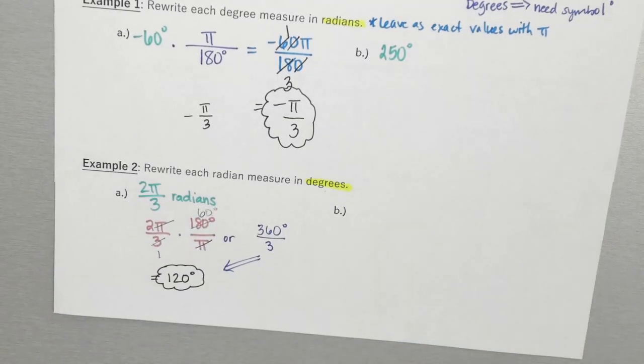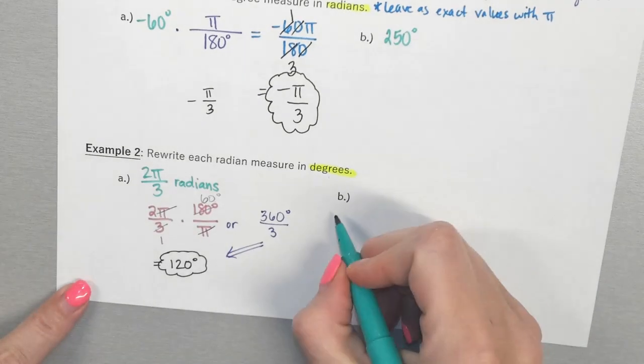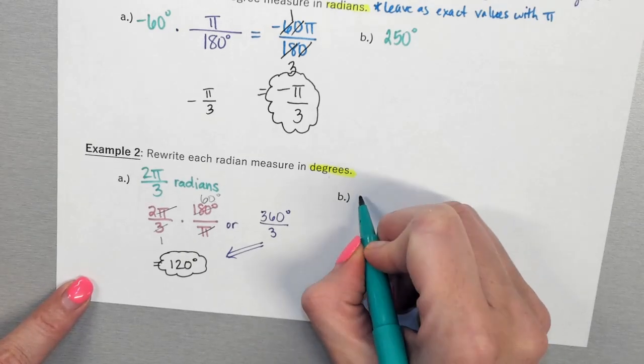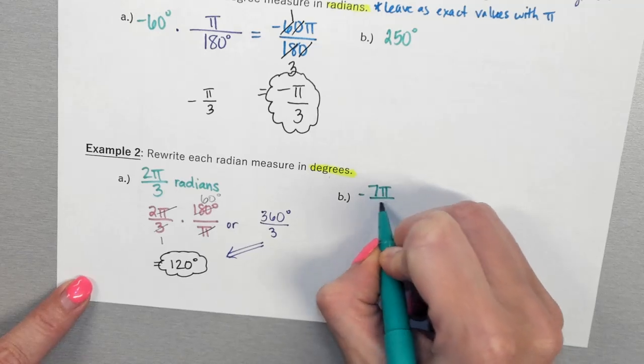All right, and then you guys are going to do your value for B. You have negative 7 pi over 2.